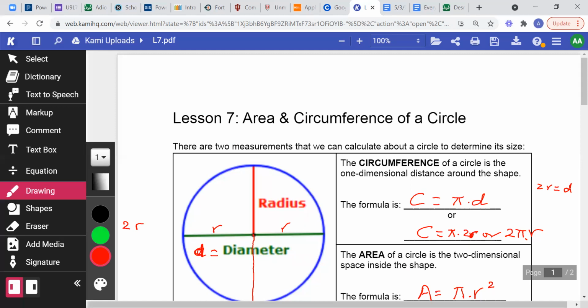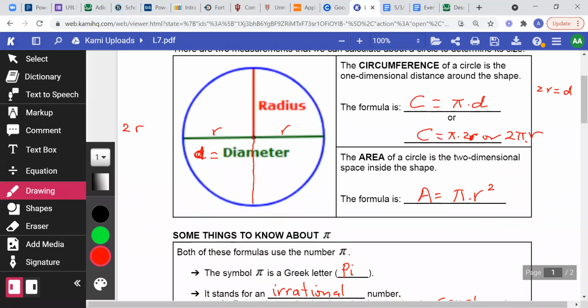You can be tolerated if you use 3.14 to calculate, but the value is longer than that, okay? And then another way to get the circumference is when the radius is given, just multiply the radius by 2 and then put pi by the side. And then if they ask you for the approximation, just multiply by 3.14.